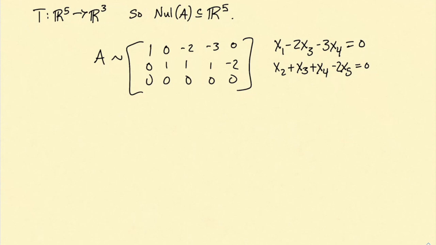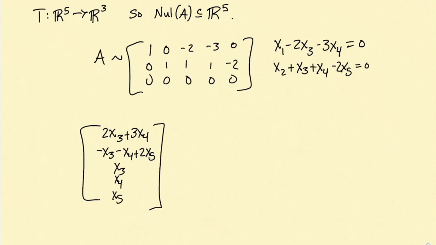And we can express the vectors that A, or the transformation T, maps to 0 as those whose first coordinate is 2x3 plus 3x4, second coordinate is negative x3 minus x4 plus 2x5, and then the coordinates x3 through x5 are free.